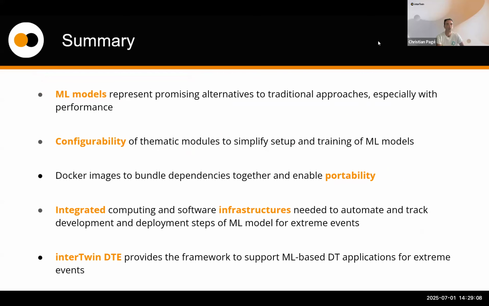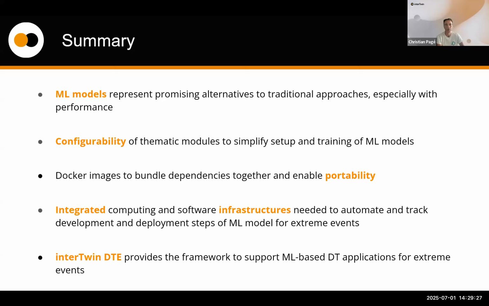So in summary, for this whole section, machine learning models are really promising alternatives to traditional approaches because they can give really greater performance, and also they are much better with large data volumes.